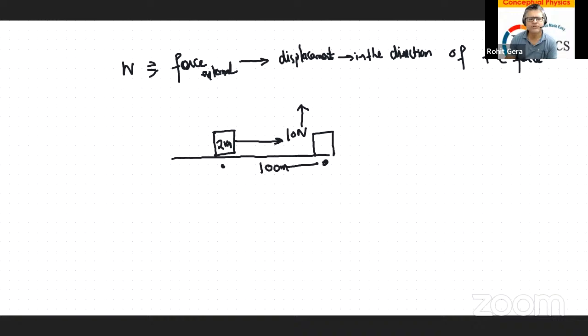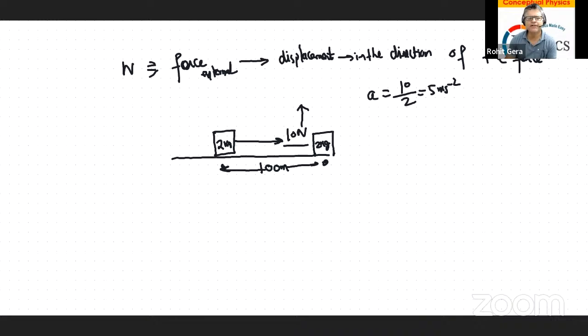Keep on applying a constant force to 2 kilograms, and using acceleration is equal to 10 upon 2, right? You can calculate the displacement. Finally, it comes to rest, or maybe it is at some velocity at this point.